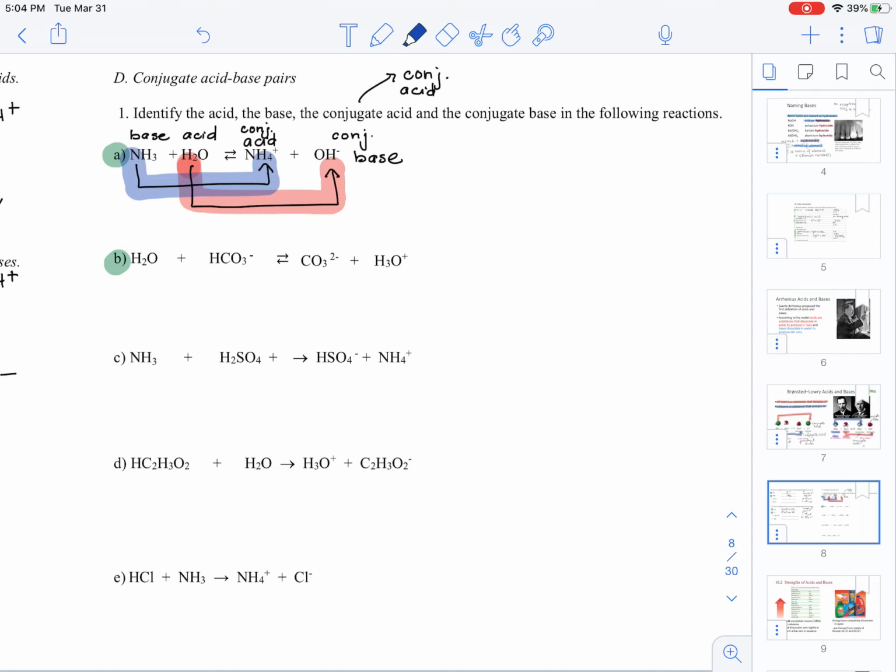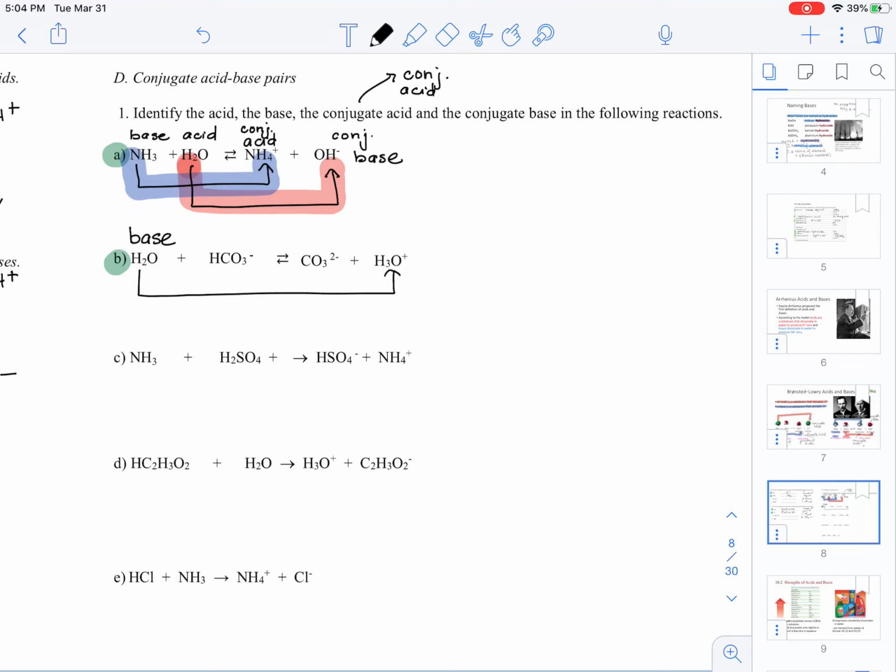Let's now go to part B, where we have water reacting with HCO3 minus, forming CO3 2 negative and H3O plus. So, as you can see, water went from H2O to H3O plus. So that means that in this case, water gained a proton. So water is acting now here as a base.